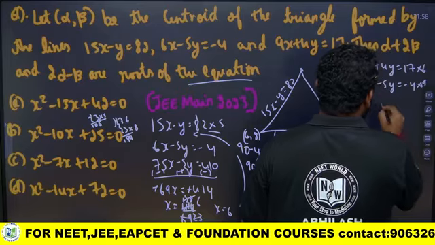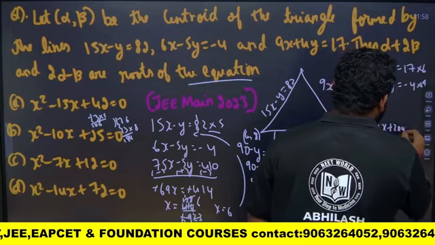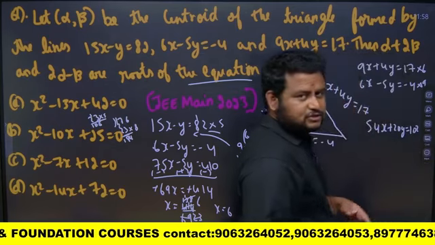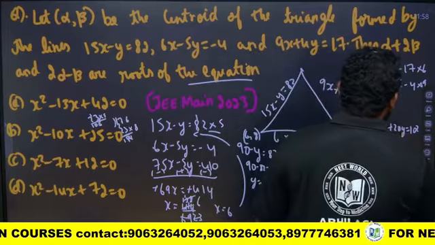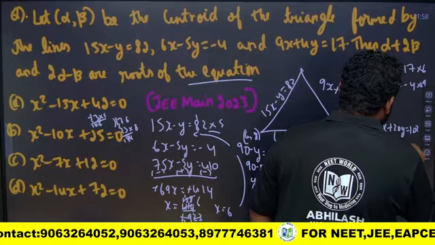So what will I get? 6 9s are 54x, 5 4s are 20y, 17 6s are 102. I am solving this equation to get the coordinates of the point. 9 6s are 54x, 9 5s are 45y, 9 4s are 36.